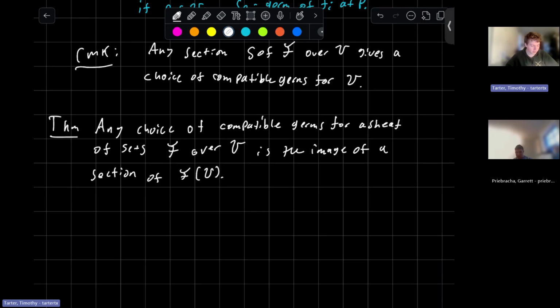This perspective motivates the agricultural terminology sheaf. A sheaf is a bunch of stalks bundled together appropriately.